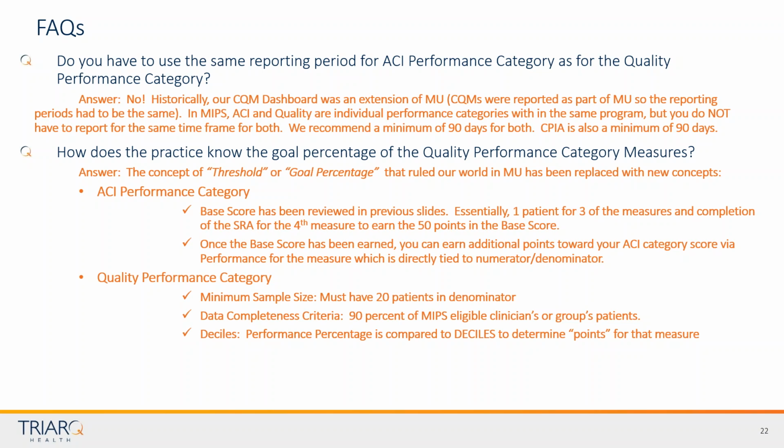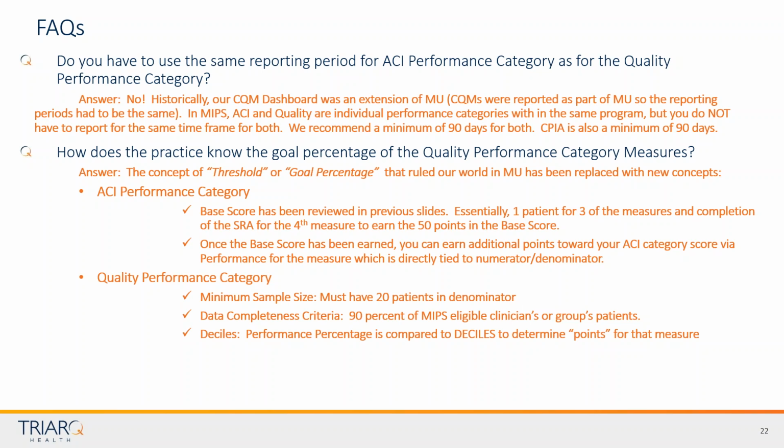Maybe they'll sink in. Okay, so the first question, do you have to use the same reporting period for your ACI performance category that you use for your quality performance category? And the answer is no, which seems kind of weird because historically our CQM dashboard was just an extension of our meaningful use. So CQMs were reported as part of meaningful use, so it had to be the same period.